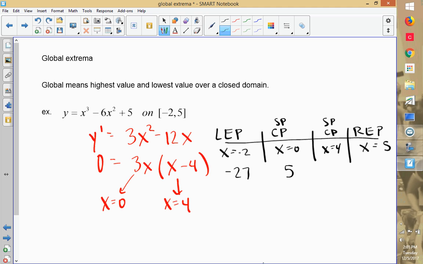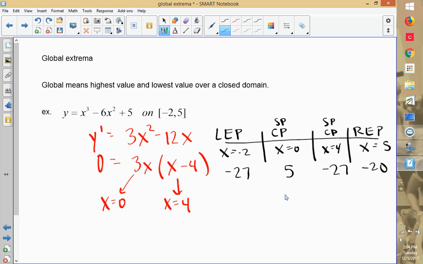For 4: 4 cubed is 64, minus 6 times 16, plus 5. We're going to get -27. And 5 cubed minus 6 times 5 squared, which is 25, plus 5 is going to be -20.